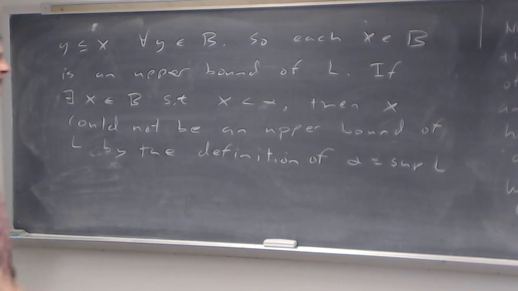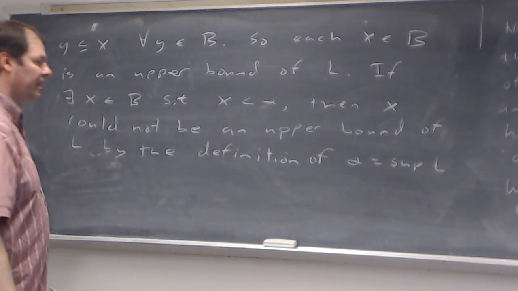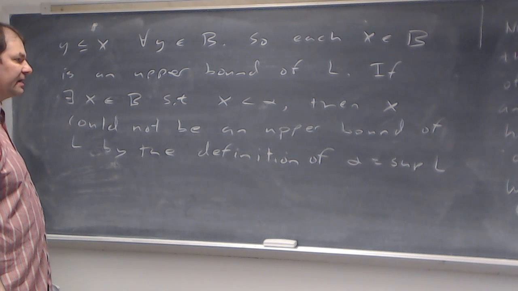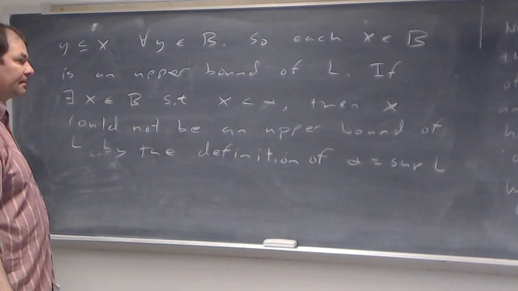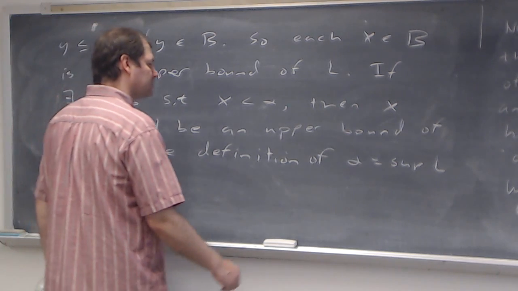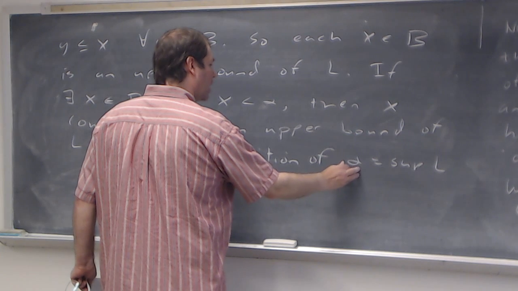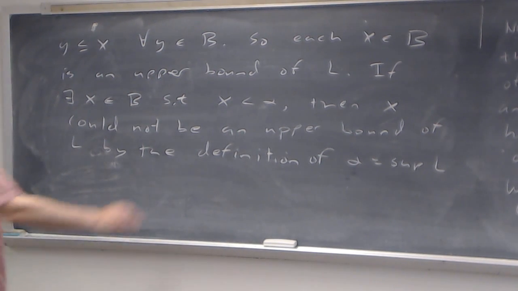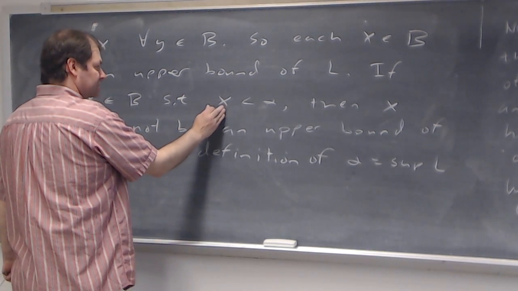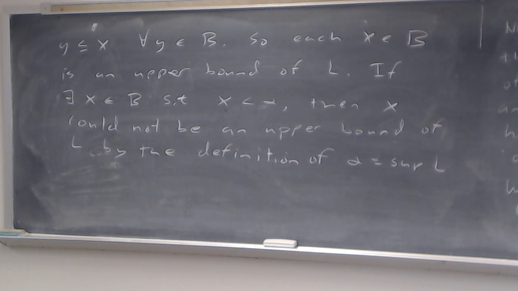Alpha is the supremum of L. That means if you give me anything smaller than it, it's not an upper bound for L. But x is an upper bound, so that's an impossibility.